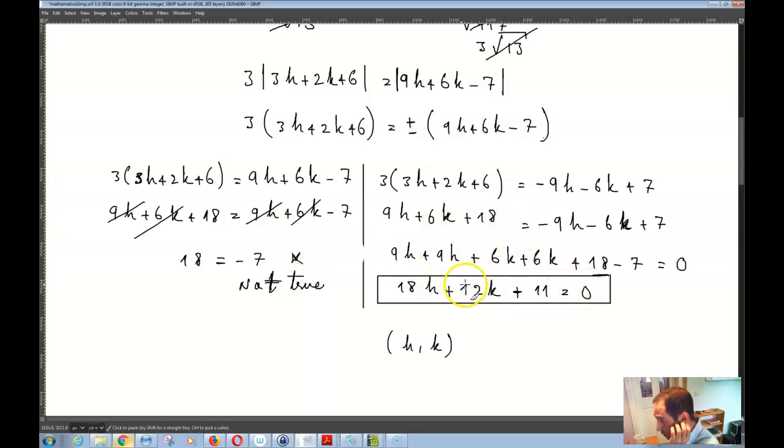So one answer that we got over here was 18h plus 12k plus 11 is equal to 0, meaning that there is this relationship between the x coordinate of that point and the y coordinate of that point.